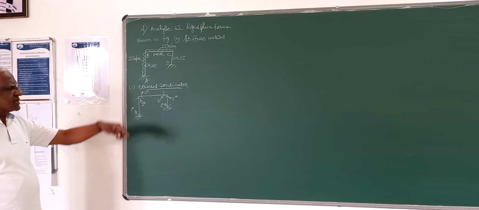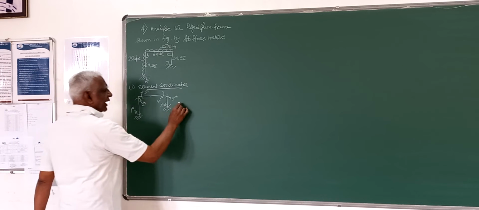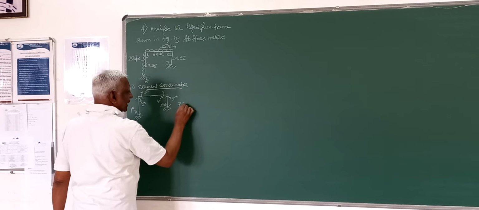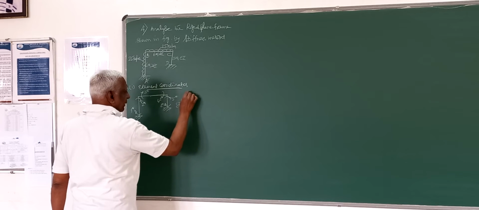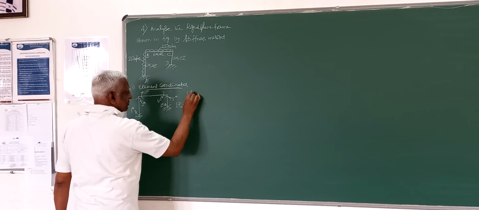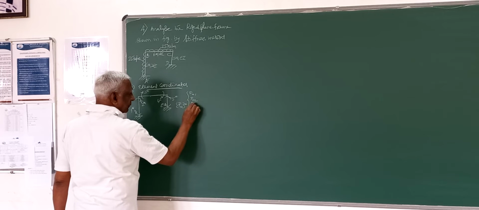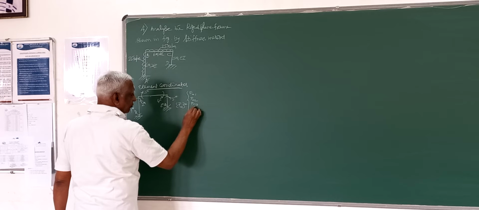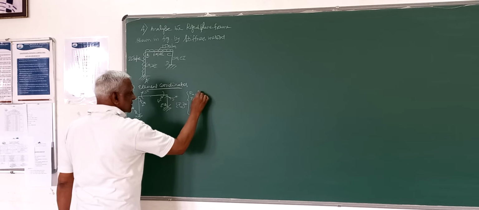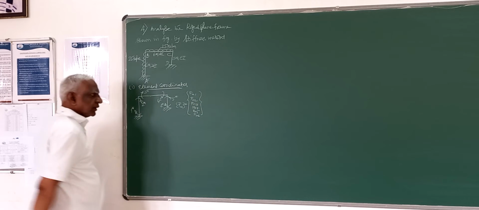So totally 6 coordinates. We have to determine the moments at these ends of the members, that is, PM1, PM2, PM3, PM4, PM5 and PM6 corresponding to these 6 coordinates.